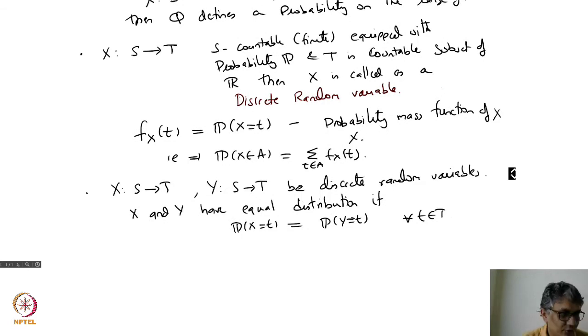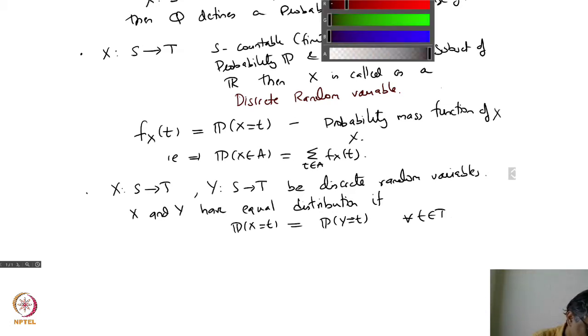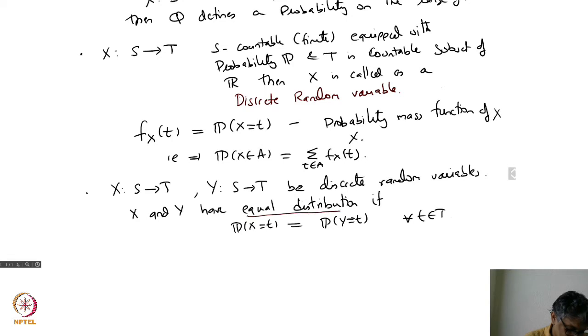That's how you identify two random variables as being the same in some sense. The distributions of them are the same. The word distribution signifies that they have the same probability mass function.